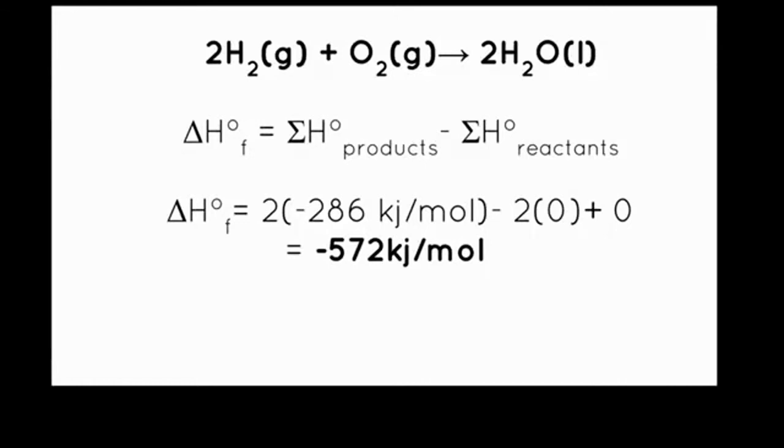And then you subtract that by the delta H values for the reactants, but they're both in their elemental states, which means that their delta H values are 0. And since the delta H values are 0, that will cancel out the times 2 for the H2 and plus O2 because it's the sum of all the reactants. And that'll leave you with a delta H value of negative 572 kilojoules per mole.